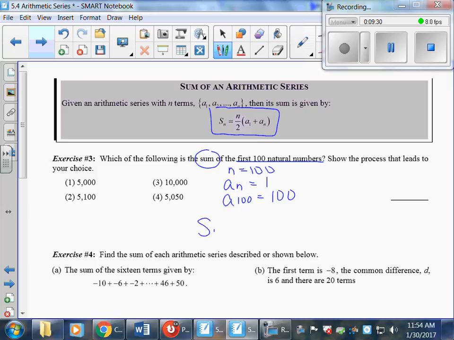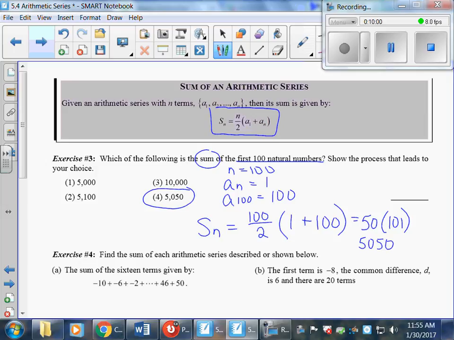We say S sub n is equal to n, which is 100, divided by 2, times the first term, which is 1, the last term, which is 100. So this is going to be, you can put the whole thing into your calculator or you could simplify it first. It's 50 times 101, which turns out to be 5050. Right here, number 4.